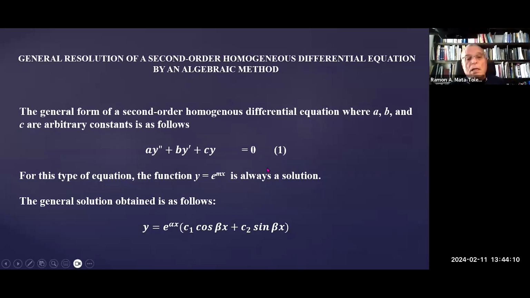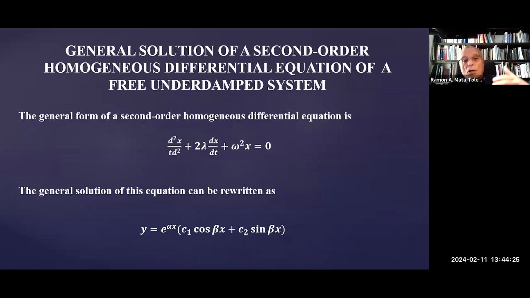Well, now that we know what the general form of a second-order homogeneous differential equation is, and we show them step by step how to get to the solution, we would like them to use our equation for an underdamped system. The underdamped system that we are using here is a loudspeaker.